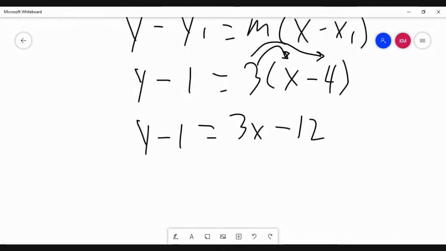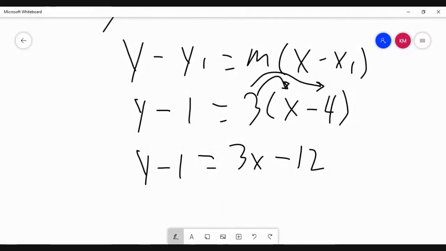After that, let's switch it up. I can add 1 on both sides.